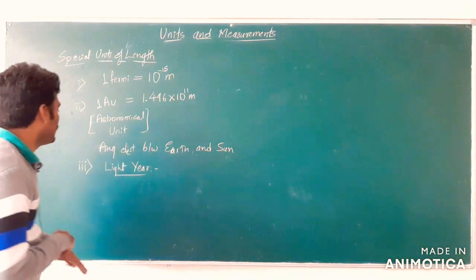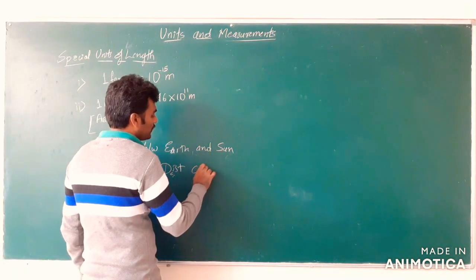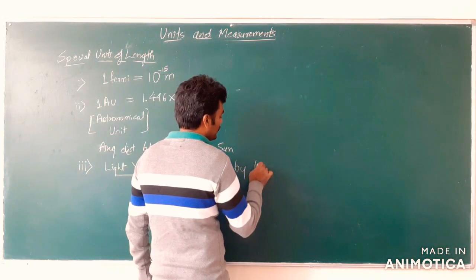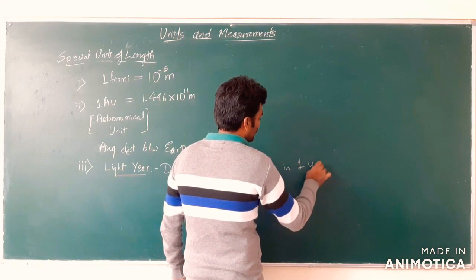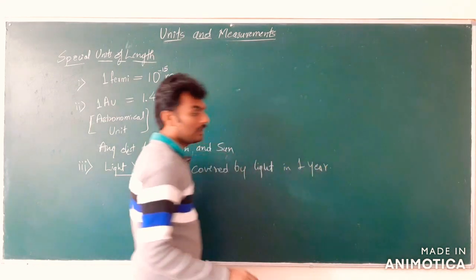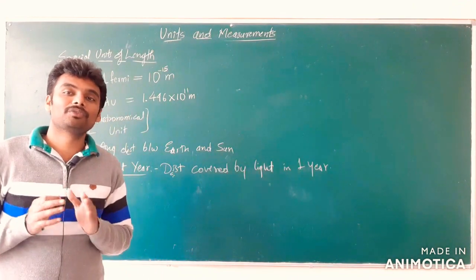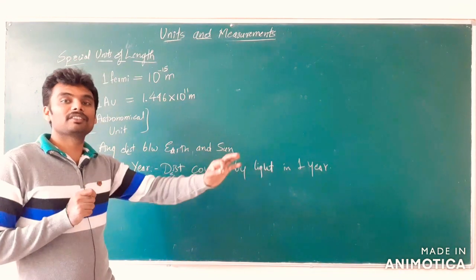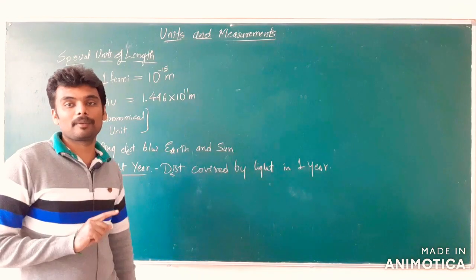Light year is the distance covered by light in 1 year. Light year is not used for measuring time, it's used for measuring distance itself.